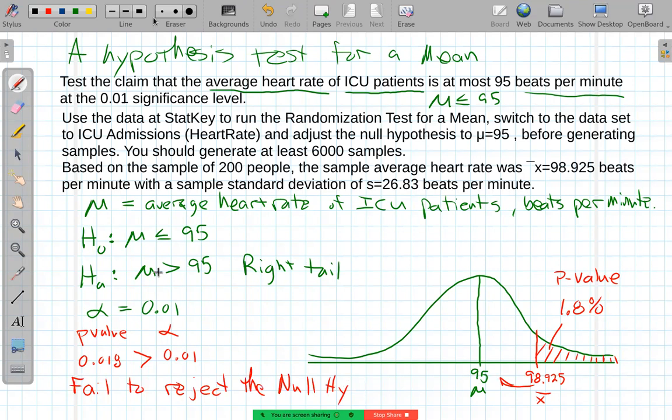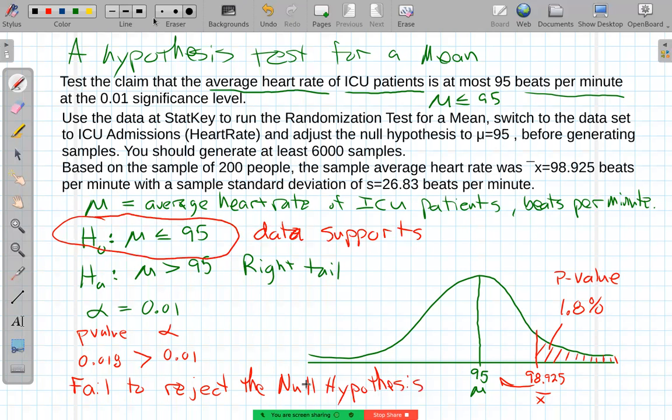Well, that means my data supports the null, that an average of 98.925 out of 200 people isn't that much different than an average of 95. So in this case, the data supports the null, not the alternative, at the 1% significance level, right? If it was a 5% significance level, that'd be a whole other story. So fail to reject the null hypothesis.